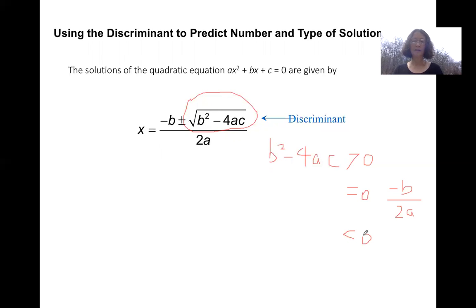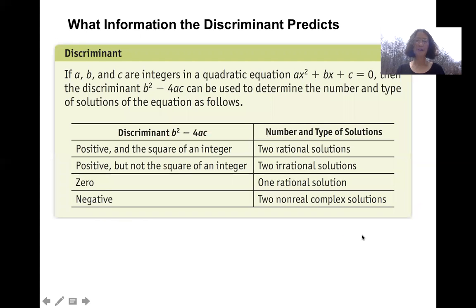That is outside this course's range. So this is the summary of how many solutions you are going to have, and what type of solutions, based on the discriminant b squared minus 4ac.